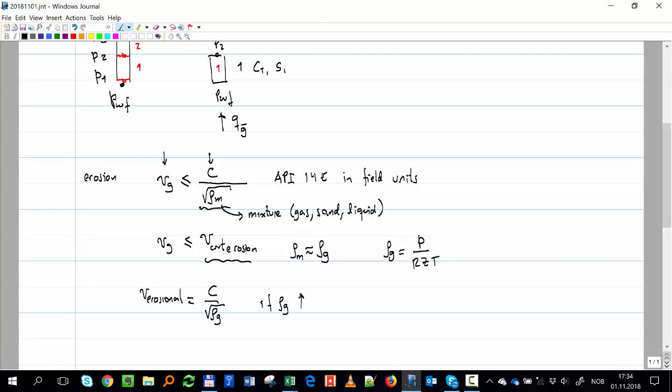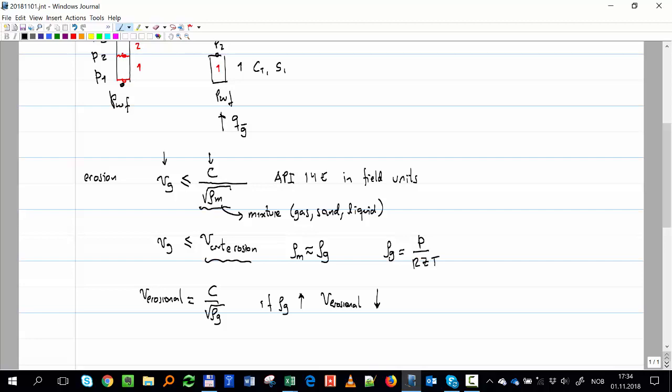The critical velocity will decrease. Yes? Is that correct? The erosional velocity will decrease. Let's see if that's correct.